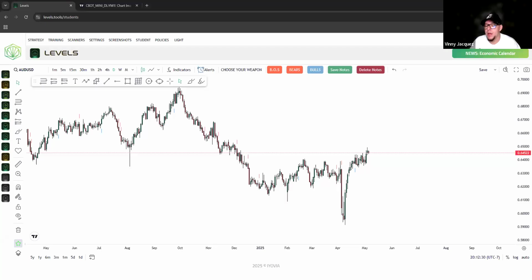When it comes to imbalances and levels, we don't really focus on imbalances for our entries or anything really. So this wouldn't really be a call for you. I can show you what an imbalance is, just to clarify, but if you're looking to enter off of imbalances, we don't really do that. Just something to keep in mind.